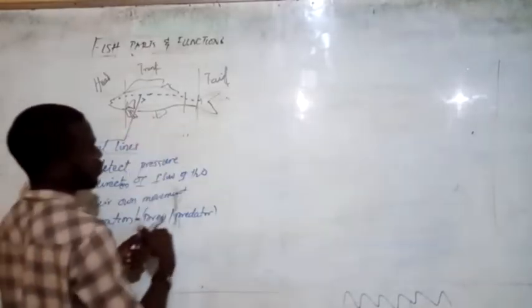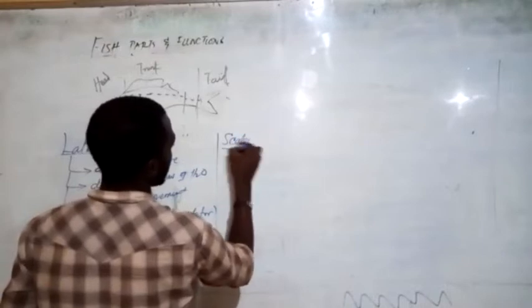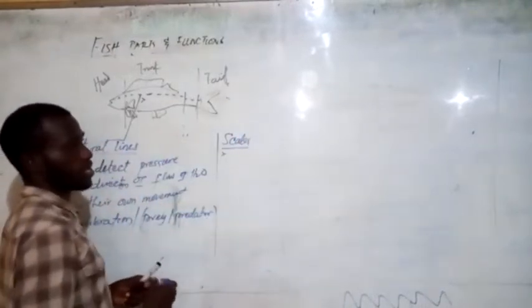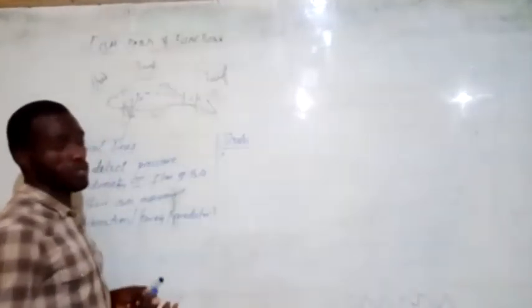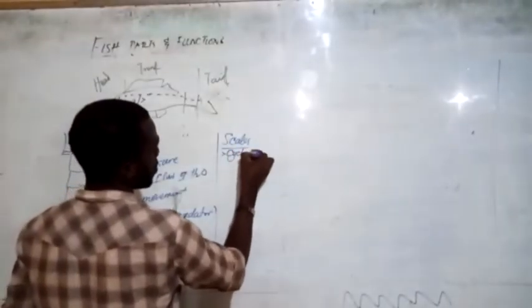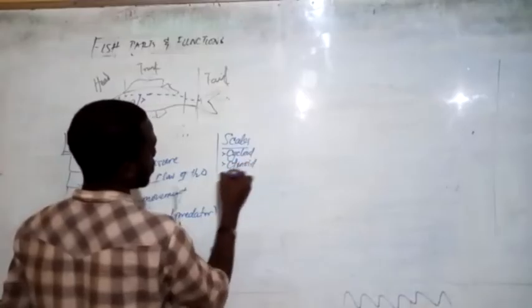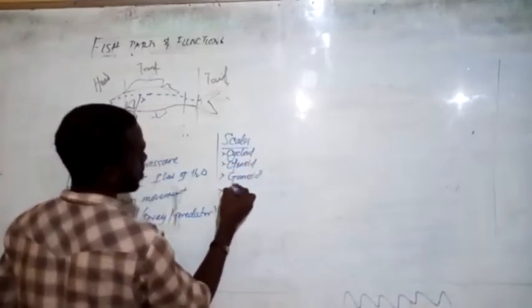And then the scales. There are a number of scales that the fish have. There are a number of different types of scale, and these different types of scale also dictate the kind of function that it will perform. We have the cycloid scale, the ctenoid scale, the ganoid scale, and the placoid scale.